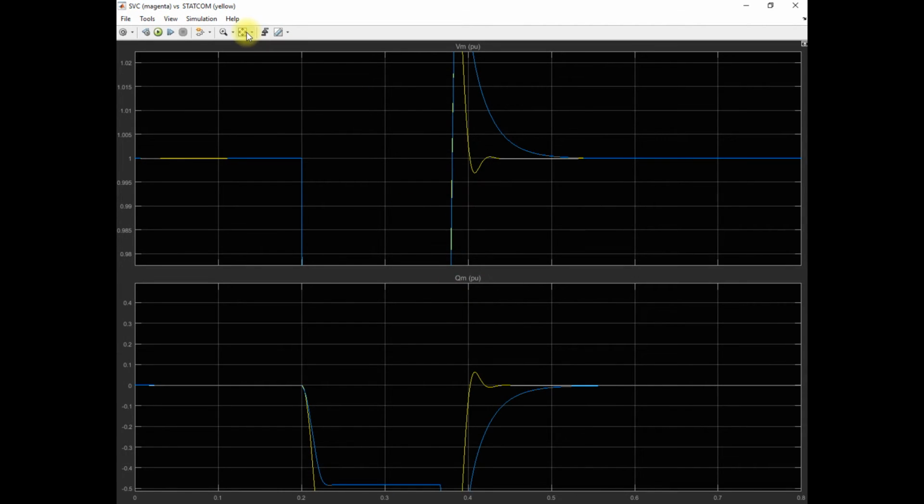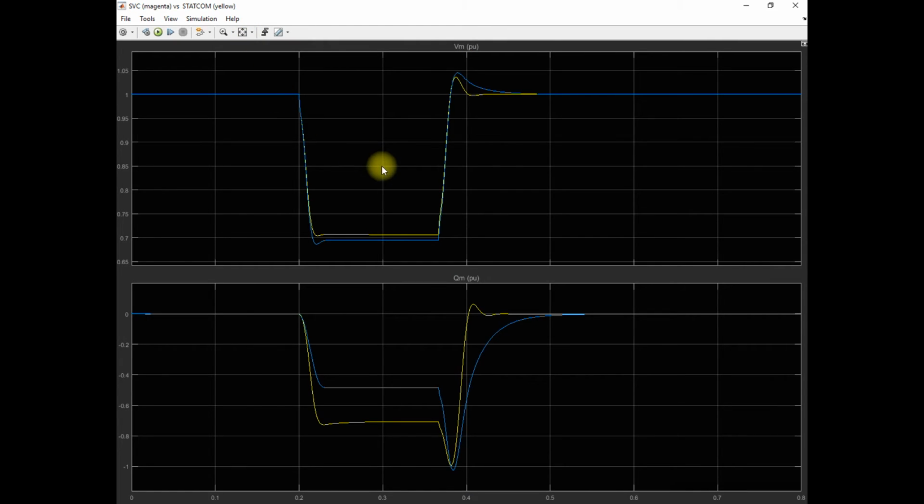So here you can see the graph of voltage measurement and QM, the reactive power measurement. You can see that at 0.2 second the fault is created in both systems, SVC as well as STATCOM.